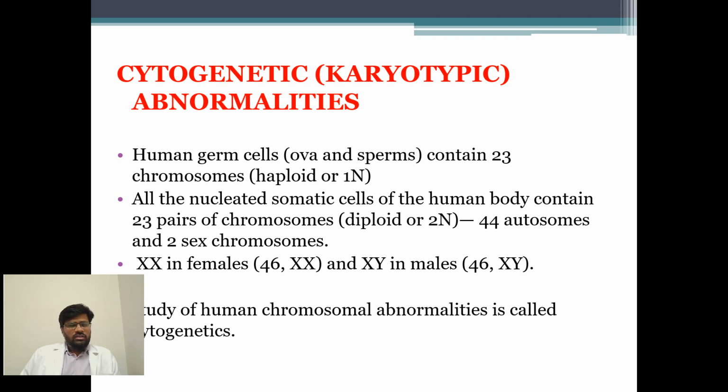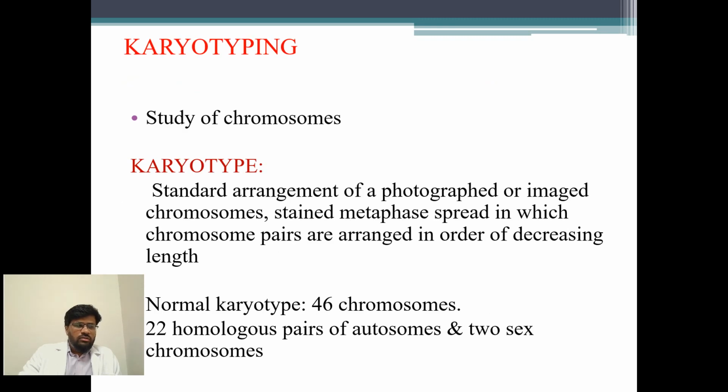The study of abnormalities in the chromosomes is called cytogenetics, and any abnormalities here are called cytogenetic abnormalities. Basically, it is a study of any defects in the karyotype. So let's learn what karyotyping is. Karyotyping is nothing but a study of chromosomes.